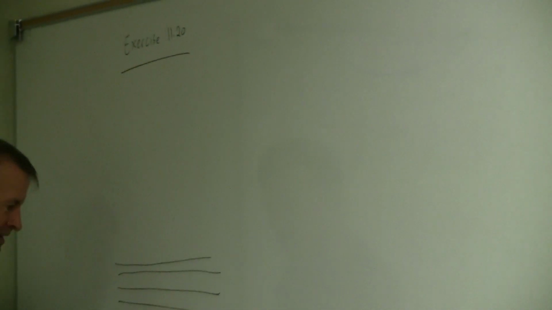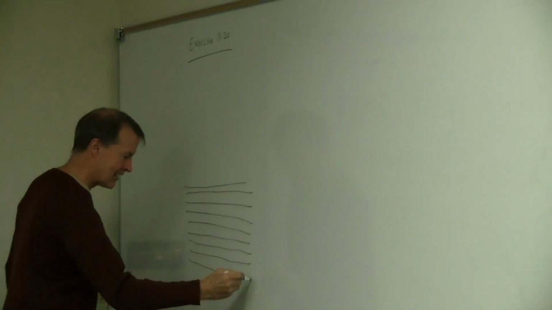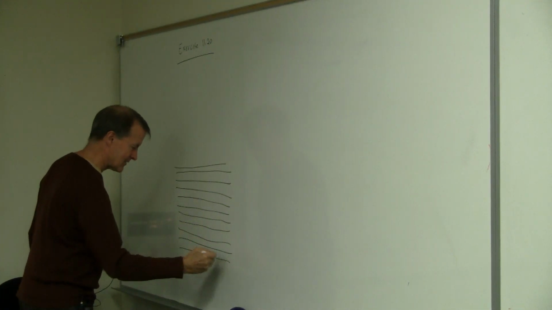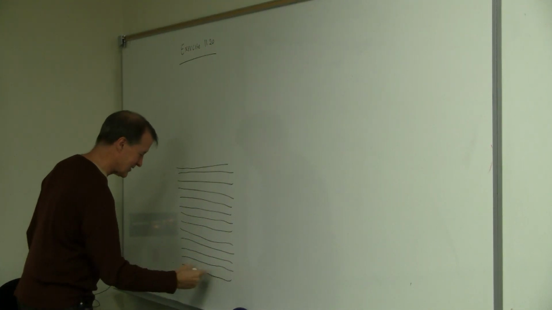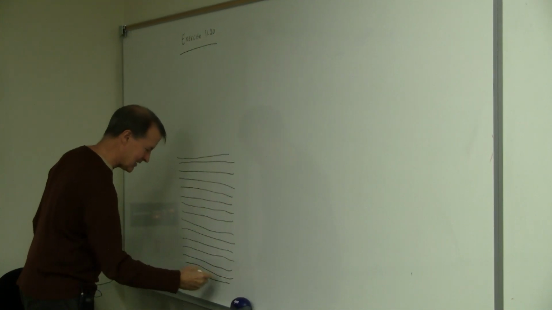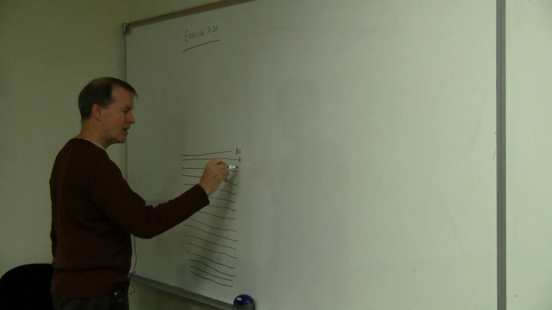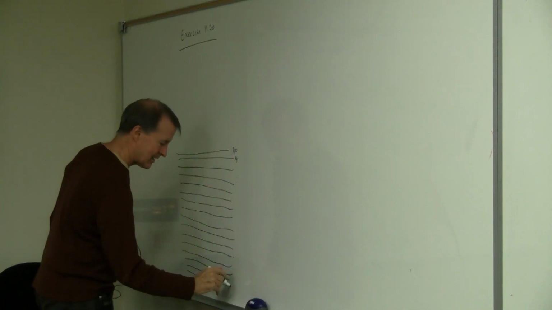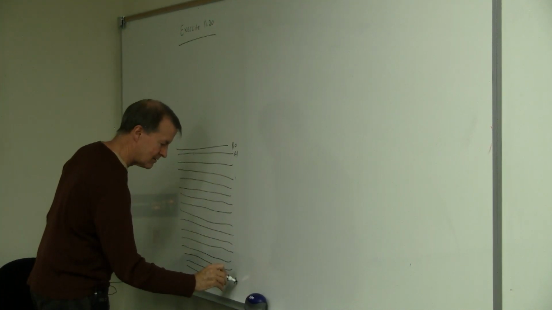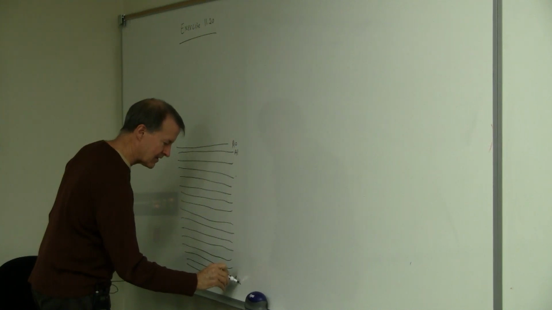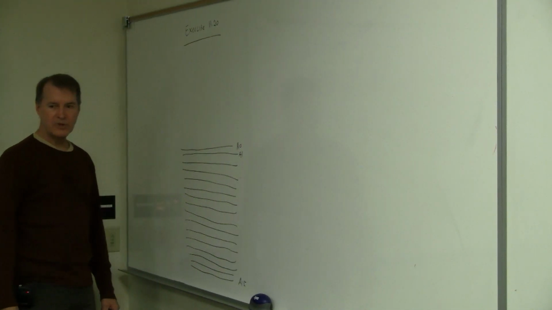So here we go: 1, 2, 3, 4, 5, 6, 7, 8, 9, 10, 11, 12, 13, 14, 15, 16. This address line is A0, and this is A1, dot, dot, dot, down to A15. Are you with me?